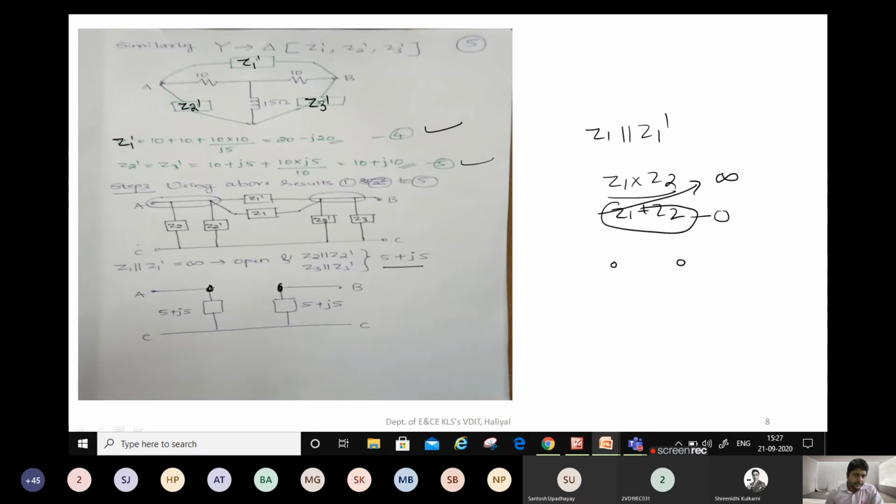So here we get actually Z1 parallel with Z1 prime. Okay, but whereas here we know already these two, what we are getting is 5 plus j5 ohms. So in the examination, please write these units, ohms and all. I have forgotten here. Just write. Okay. So is that clear now to everyone?